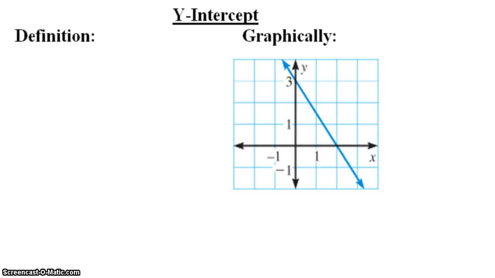Now we'll take a look at our y-intercept. The y-intercept is the exact same thing, except it's the point where the line crosses the y-axis.